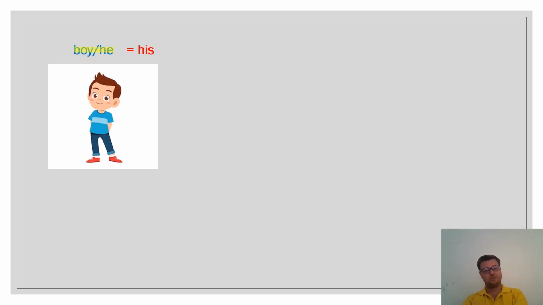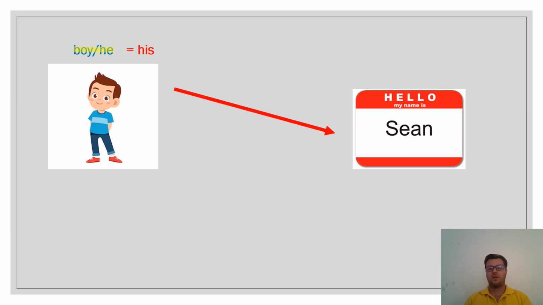His pencil. Now we can see the name of that boy. What is his name? Sean. Let's make a sentence using the possessive adjective his.